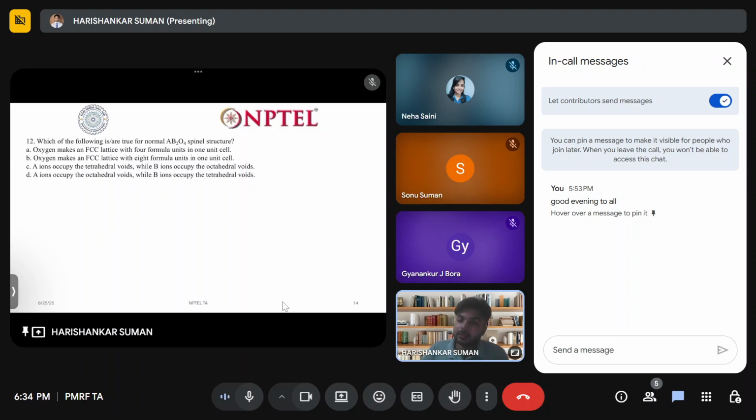Let's see the next question. Which of the following is true for the normal AB2O4 spinel structure? Oxygen ccp with 4 formula units in one unit cell. Oxygen ccp with 8 formula units in one unit cell.